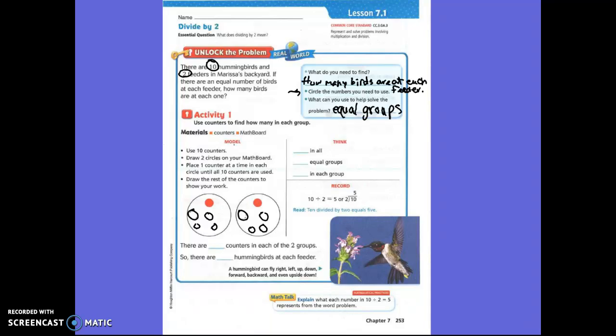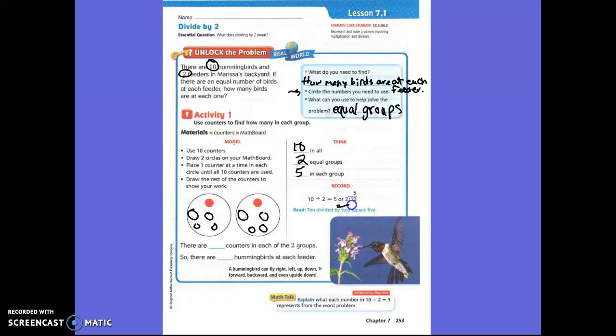Okay, so now let's think. How many birds in all were there? 10. How many equal groups do we have? 2. And how many are in each of your groups, boys and girls? 5. Okay, so you could do this 10 divided by 2 equals 5, just showing an equation going across.